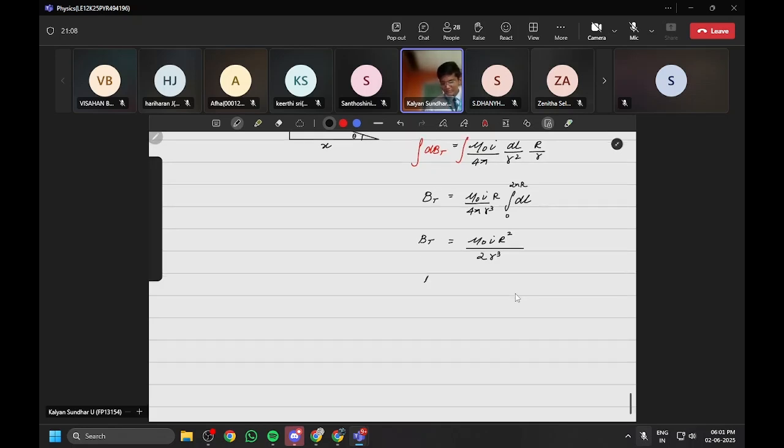And from here BT will be equal to, small r is nothing but under root of x square plus capital R square.